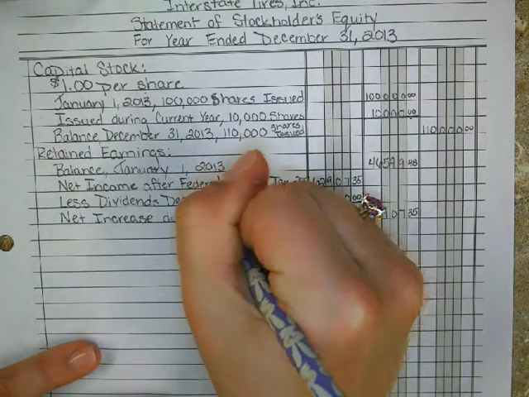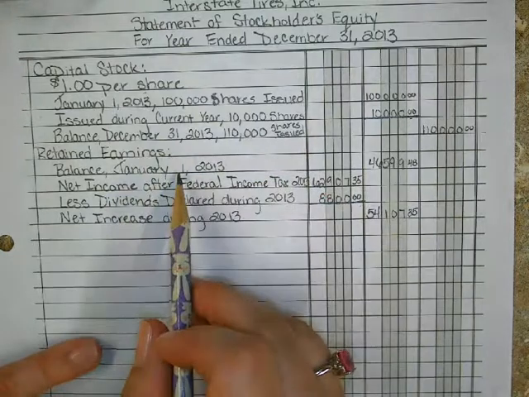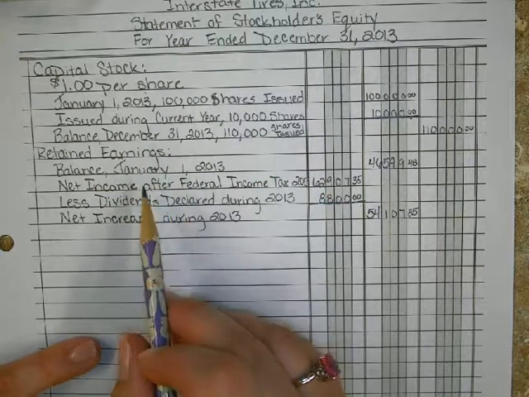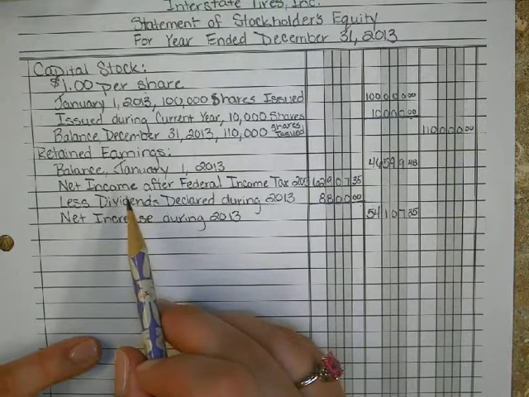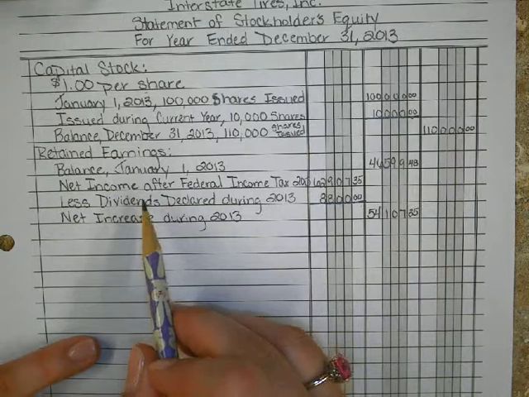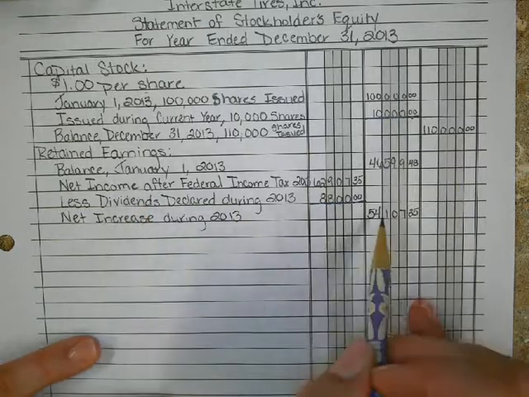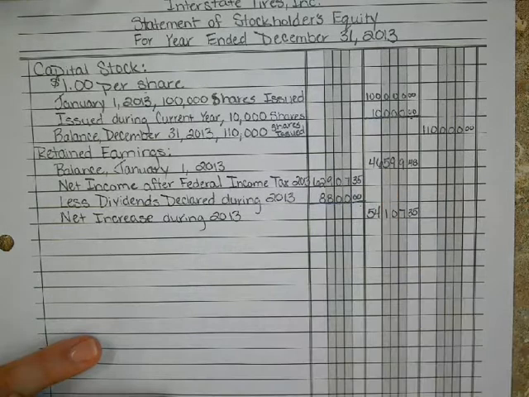When we think of it, this is our retained earnings at the beginning of the year. But then we have to take into account our net income that we have during that year, minus those dividends that we're going to have to pay out. Okay? But that net income that we have is going to be a net increase to our retained earnings. It's going to increase our retained earnings.